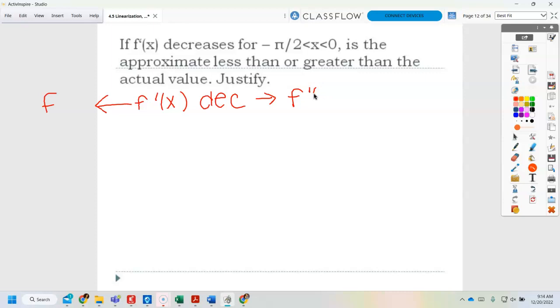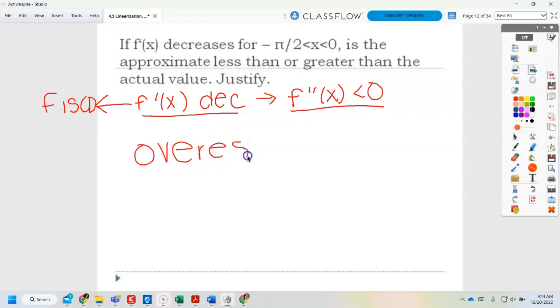So if f prime is decreasing, f double prime has to be negative. If f double prime is negative, then my original function is concave down, and if f is concave down, then this is an overestimate.